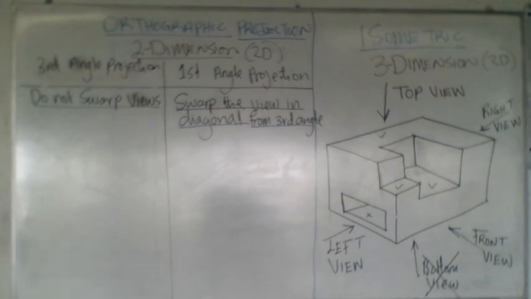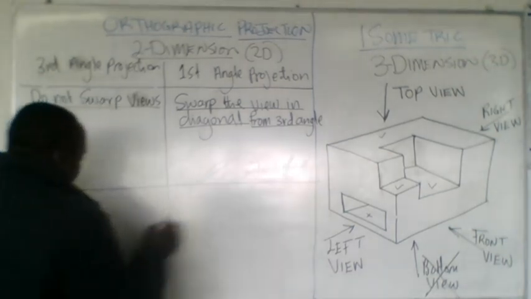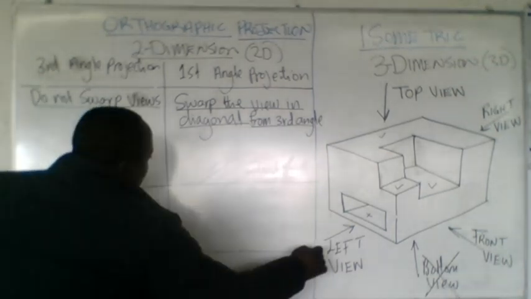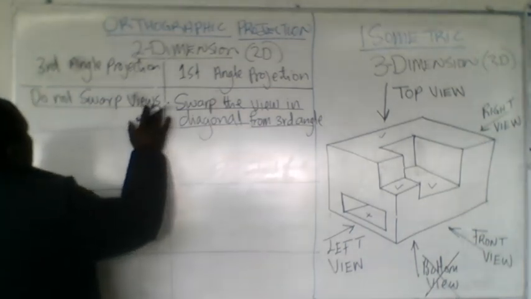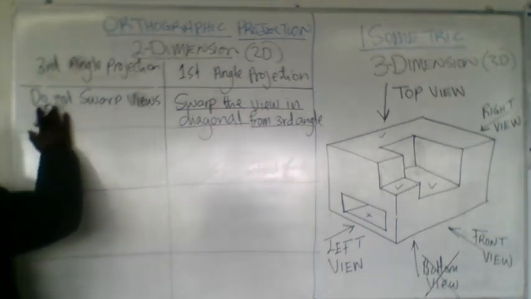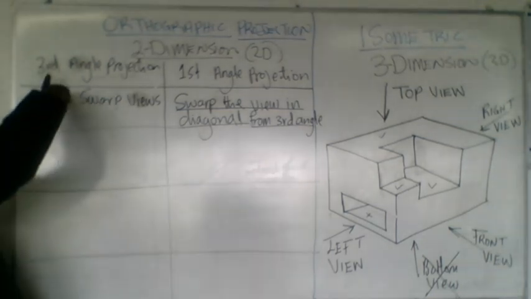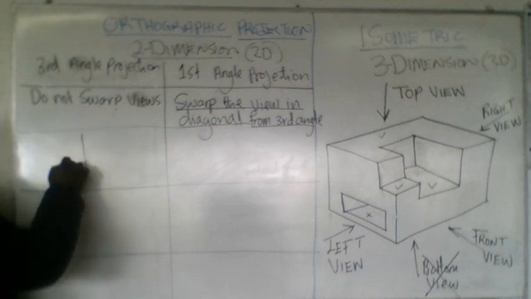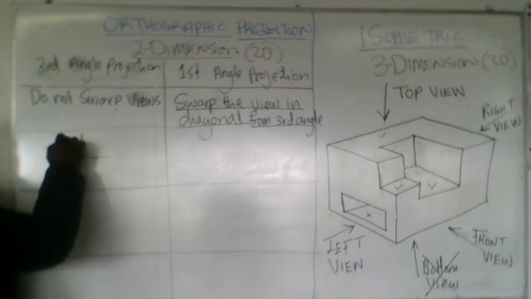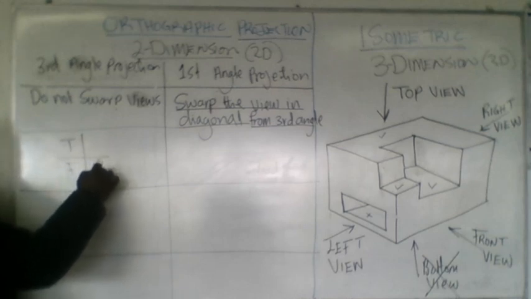Now, how do we proceed? I'll have two sets. In the third angle projection, we are going to have top, front, right.